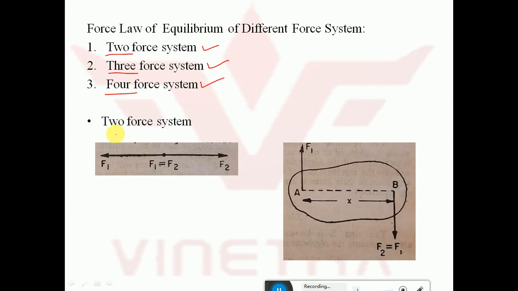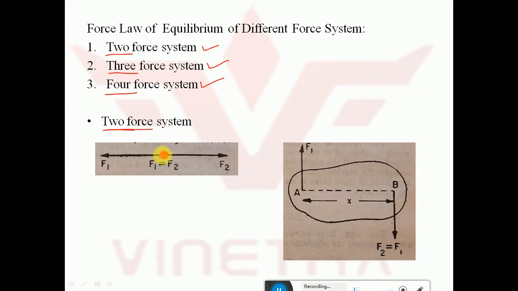As per the force law of equilibrium, for a two force system, when a body is subjected to two forces, let us take this as a body, then the body will be in equilibrium if the two forces are collinear, equal and opposite.